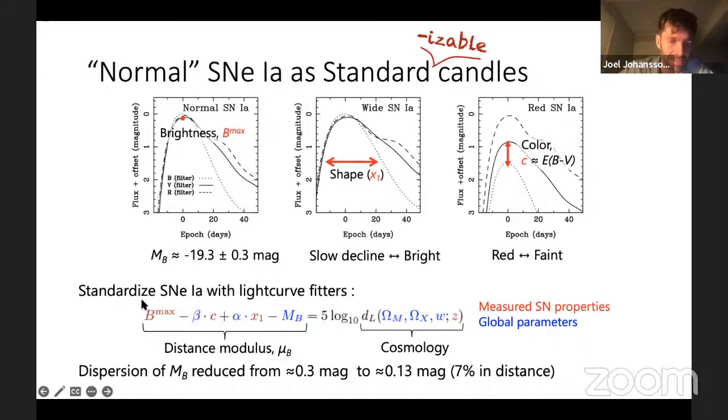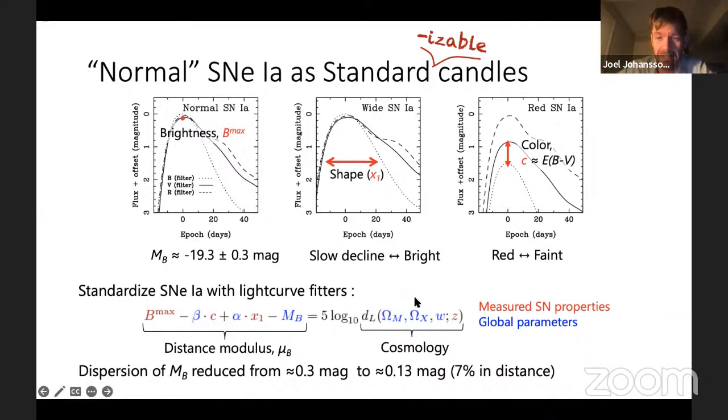On the left-hand side of this equation, you have just measured quantities like the observed maximum magnitude, the observed color and the observed stretch. And then they seem to follow a simple linear relationship. So you can multiply this with some constant alpha, which is related to the shape, and beta, which is related to the color.